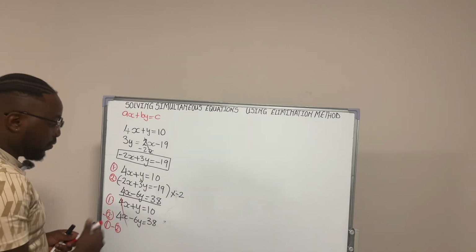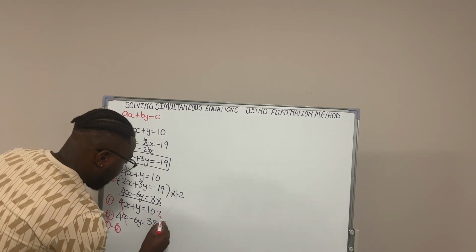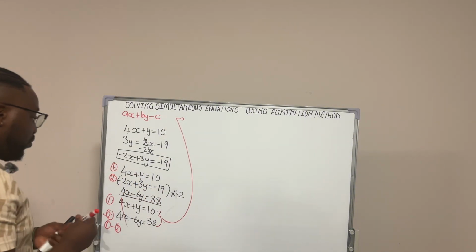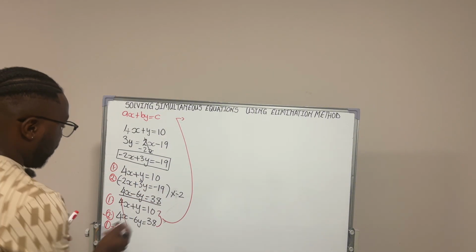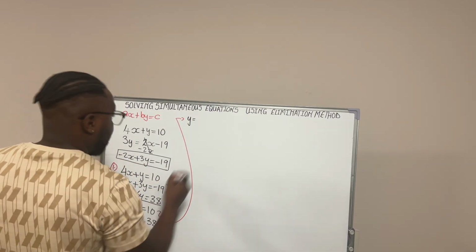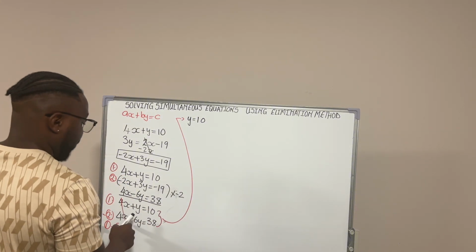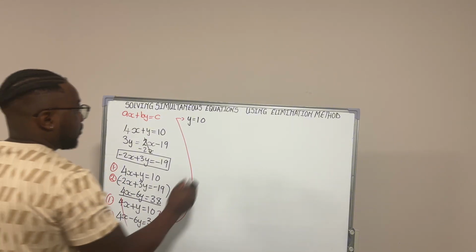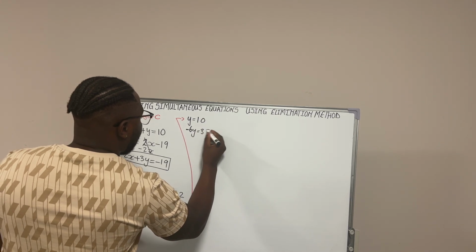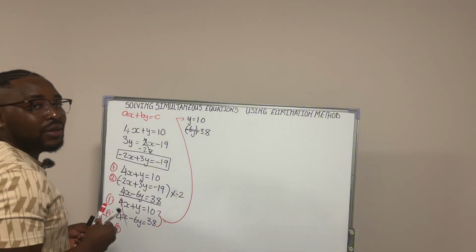And what are we going to remain with? Allow me to write this right here. We shall remain with y equal to 10, and we have our -6y equal to 38. I'll put this in my brackets.